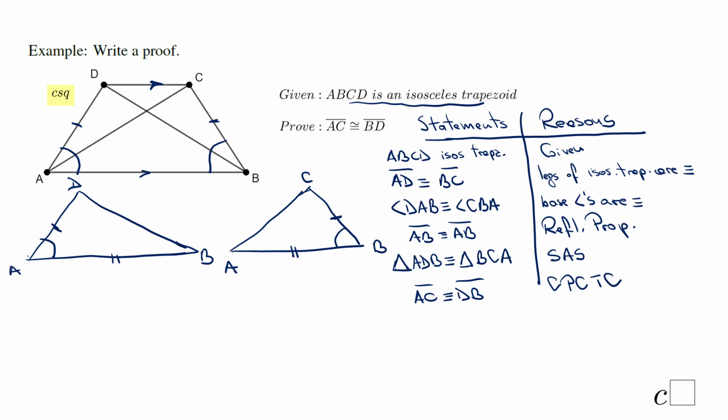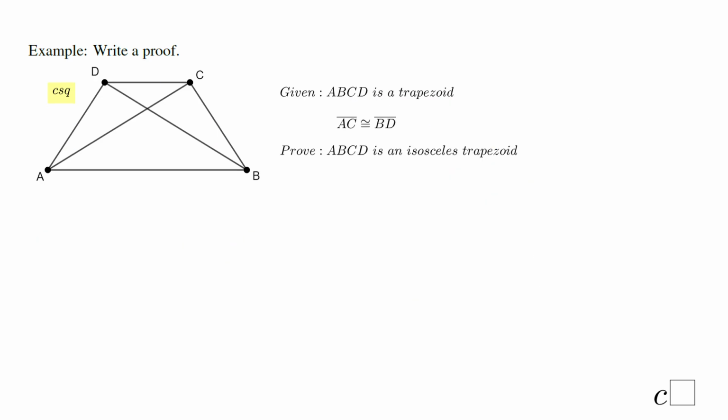So this is the way to prove that if I have an isosceles trapezoid, then the diagonals are congruent. In my last part, we're going to do the converse of this theorem, where we know that ABCD is a trapezoid, so we still know that. We know the diagonals are congruent.